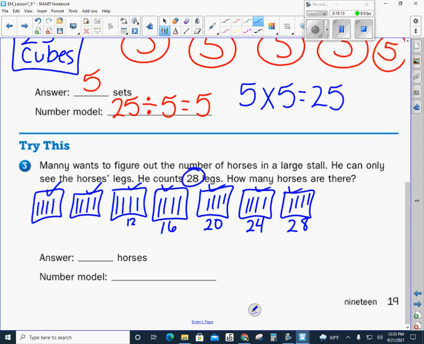And all together, I would have 7 horses. I took 28 legs, divided them up. Each horse has 4 legs, so that gives me 7 horses. Or you could look at this number model and say, well, I have 7 groups of 4 equals 28.